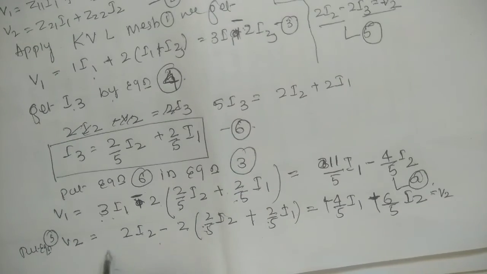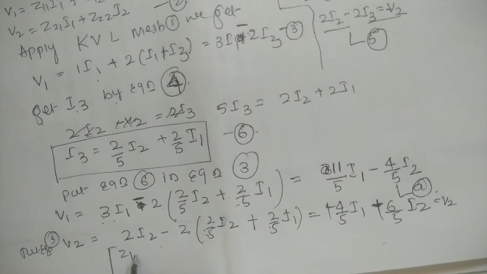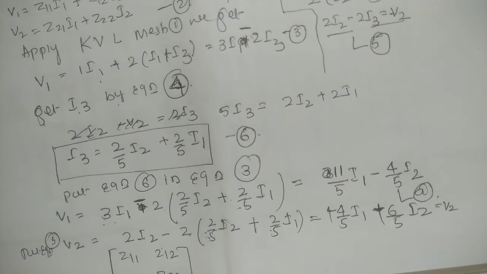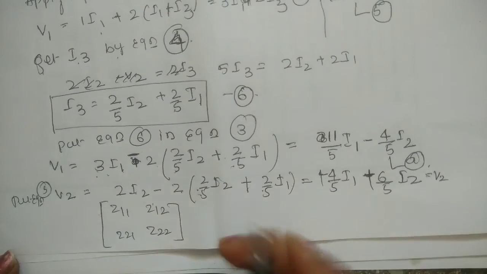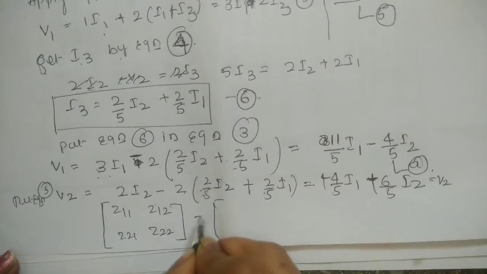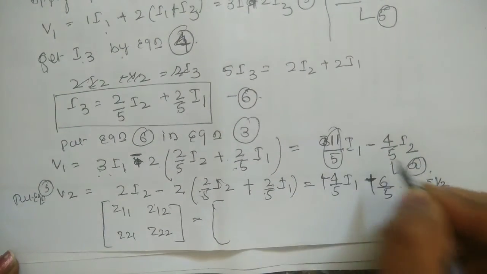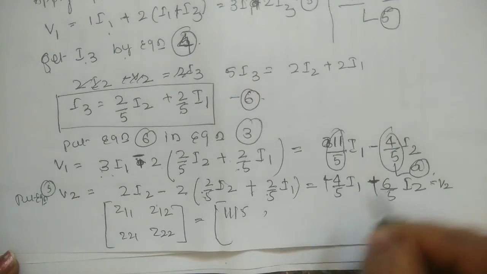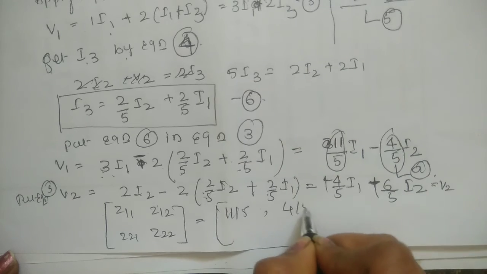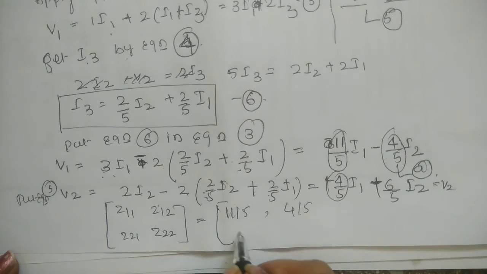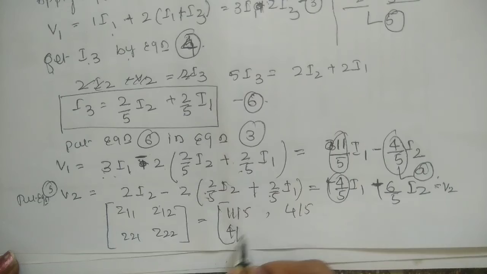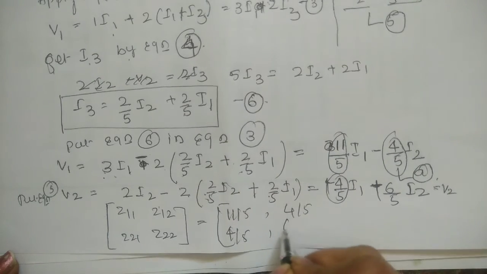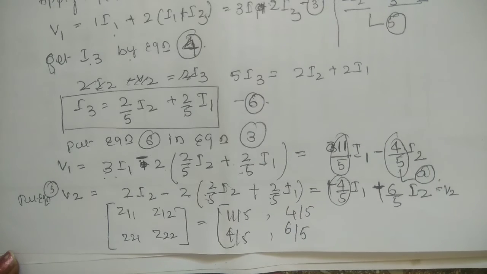And this is by the matrix method Z11 Z12 Z21 Z22. Right? I have already explained about this. Z11 equals what? This one is Z11, 11 by 5, comma, 4 by 5, comma, 4 by 5, comma, 6 by 5.